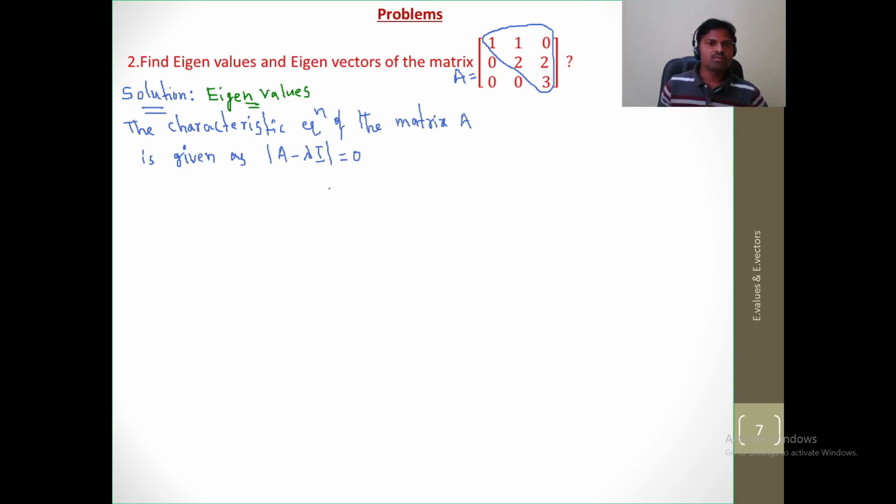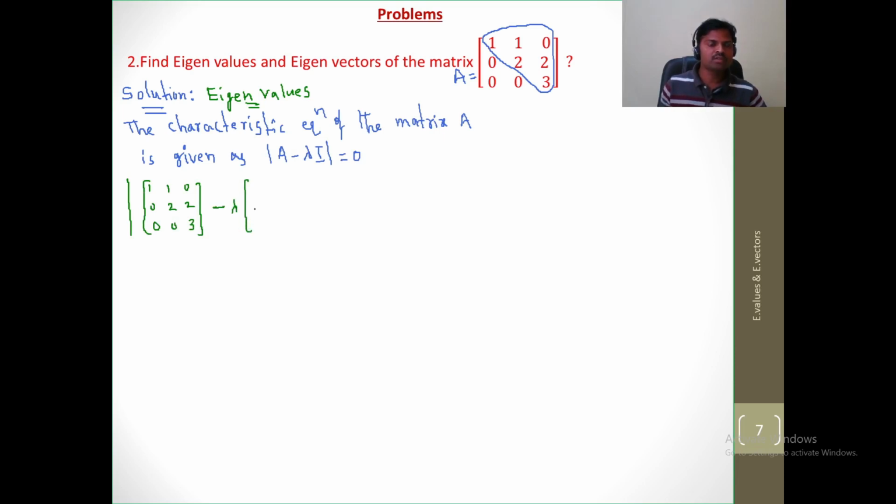Now let us establish this equation, so from that I will get the eigenvalues. First, the matrix A. Let us write the matrix A: (1, 1, 0), next (0, 2, 2), next (0, 0, 3). This is the given matrix A. Then matrix A minus lambda times the identity matrix.